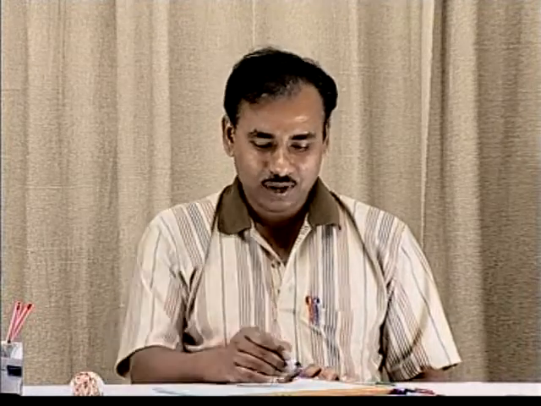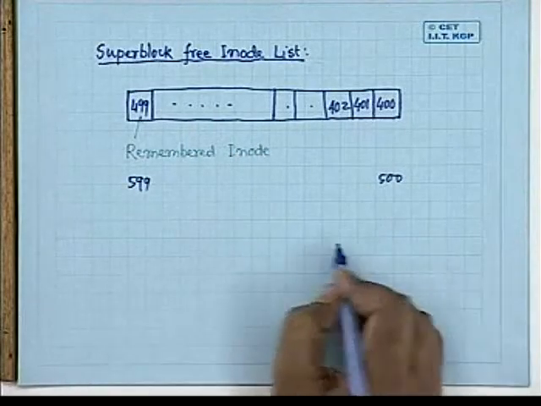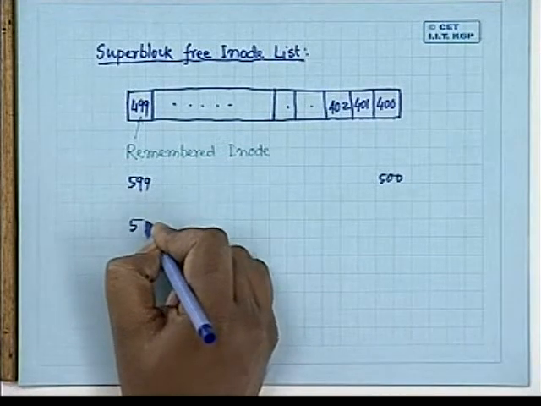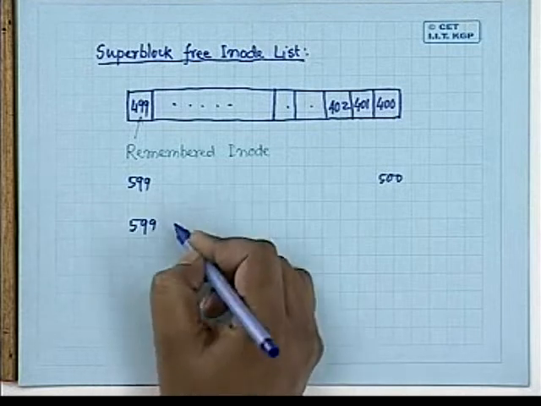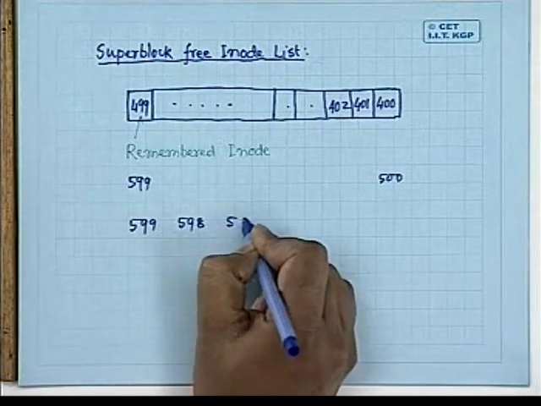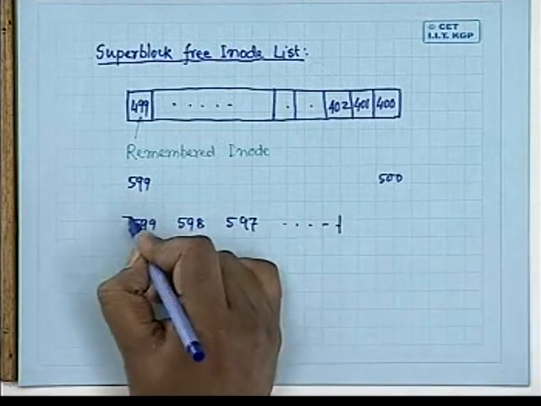Maybe I unallocate or free an inode, this being the situation. Let me take another example. Suppose my situation was something like this. So 599 is the remembered inode. Then I have 598, 597, and like this, and maybe there are a number of empty entries.